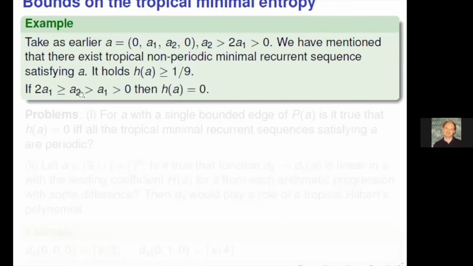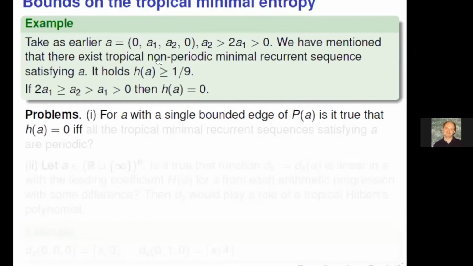If we consider now the opposite situation, then the small entropy, which corresponds to the minimal recurrent sequences, is 0. And this is not by chance. There is some connection between the existence of non-periodic sequences and the entropy.